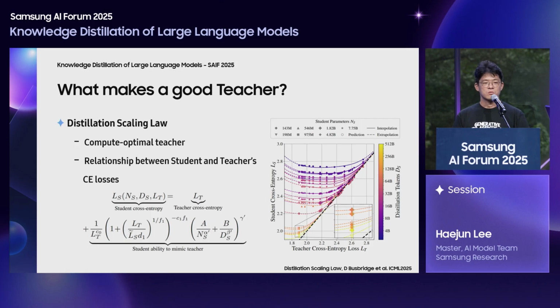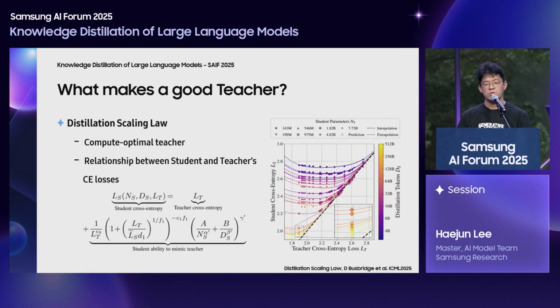In selecting the teacher, a compute optimal teacher must be selected. Distillation scaling law research shows that the cross entropy loss of the student model is defined as a function of the number of tokens and the teacher model's cross entropy loss.